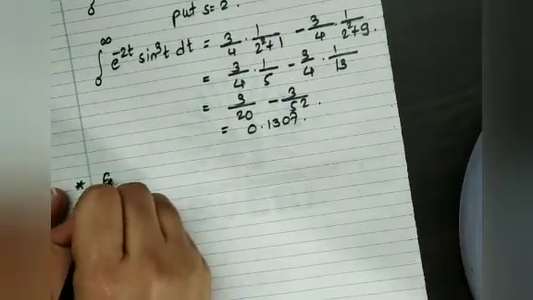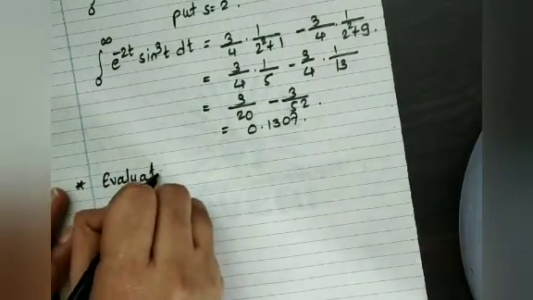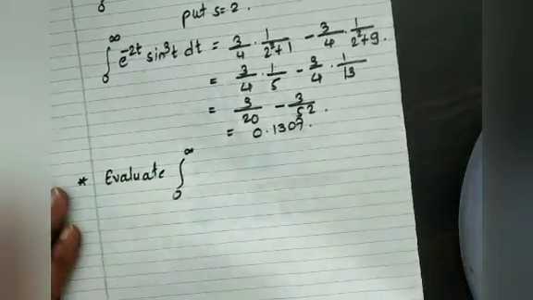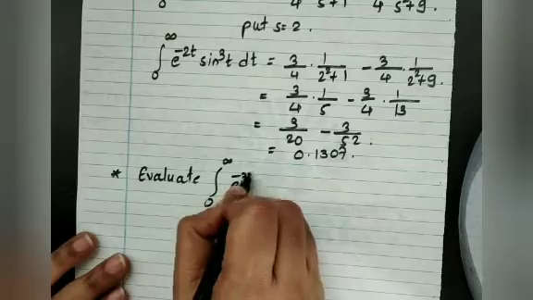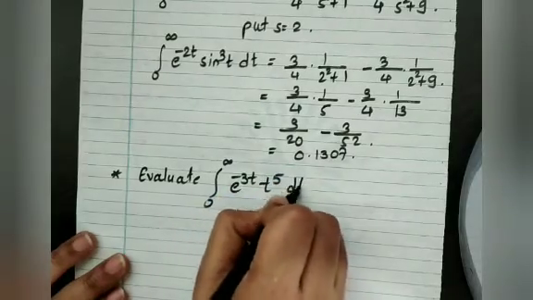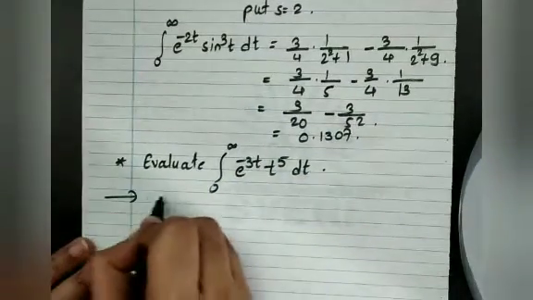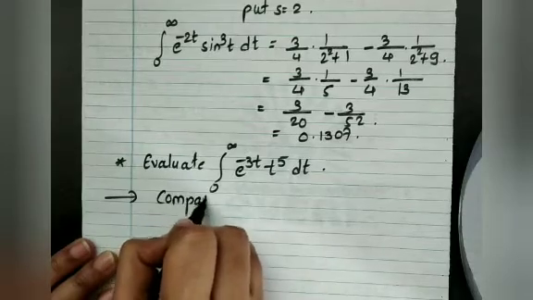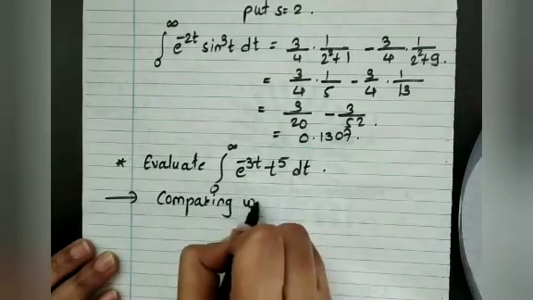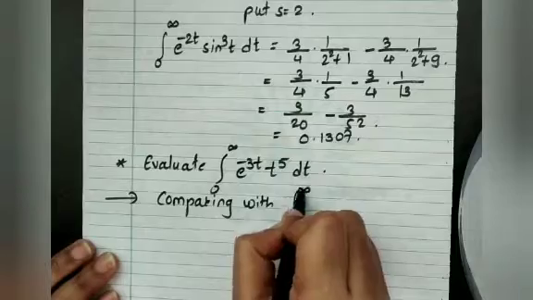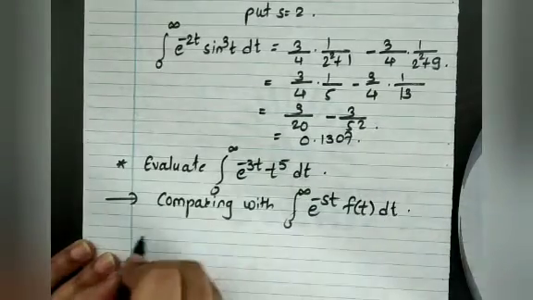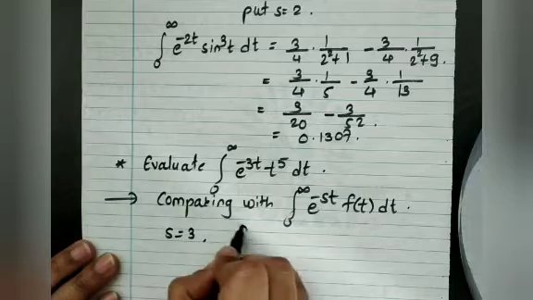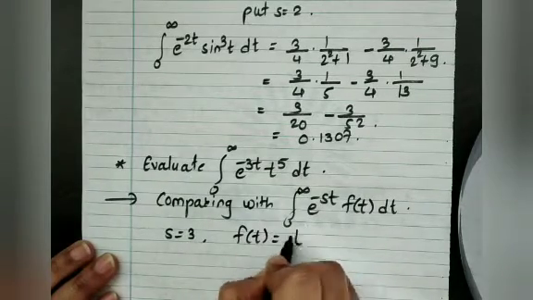Evaluate integration 0 to infinity e raised to minus 3t into t raised to 5 dt. So again, comparing with integration 0 to infinity e raised to minus st f of t dt, s is 3 and f of t is t raised to 5.